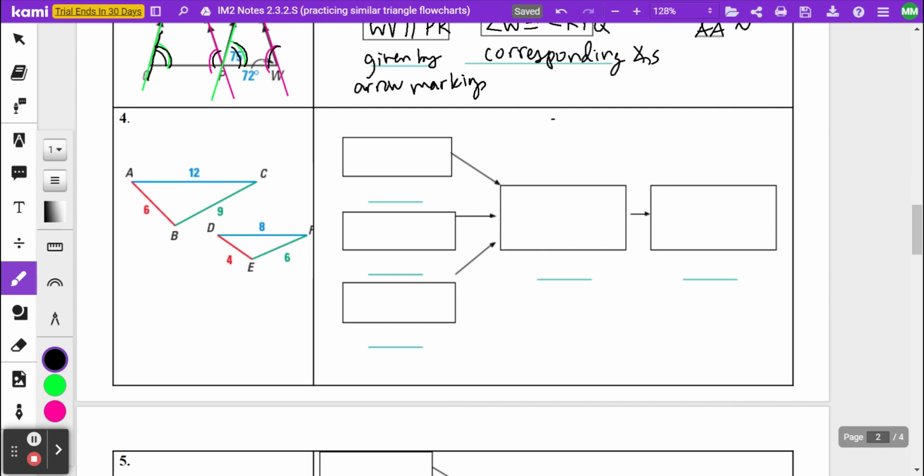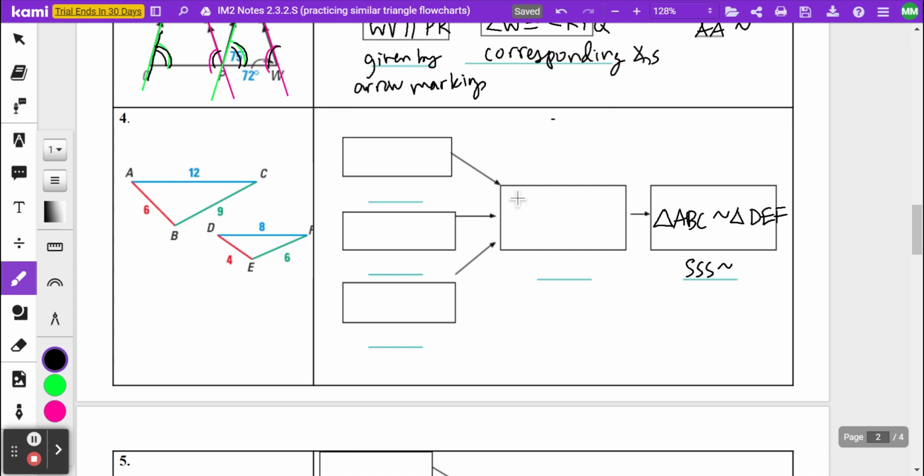Oh boy, side, side, side. I hope that these proportions are going to work out. Let's assume they do and work backwards. Our similarity statement: triangle ABC is similar to triangle DEF by side, side, side similarity.